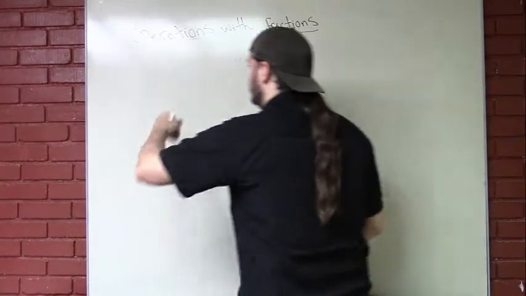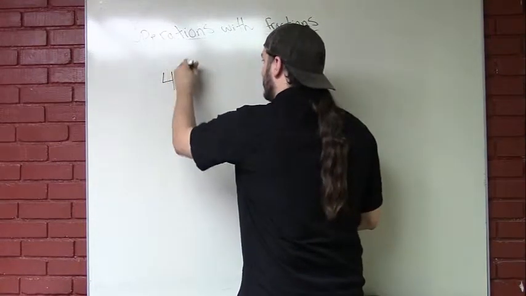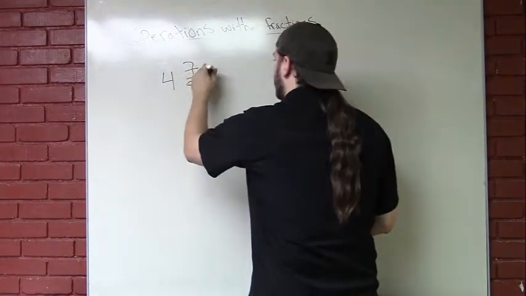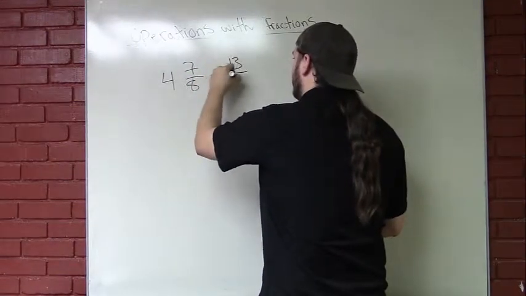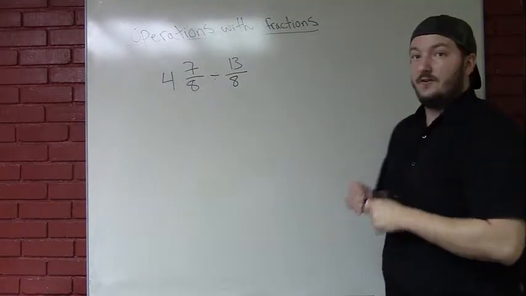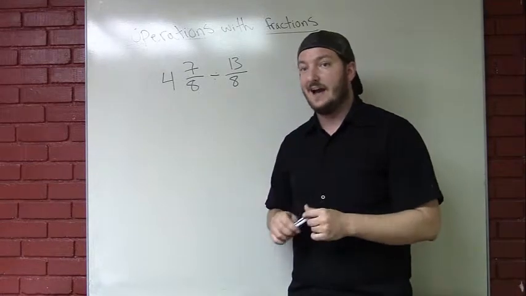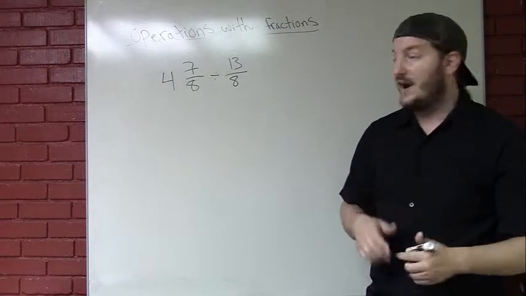So again, we've got to throw some mixed numbers in there. We have 4 and 7/8 divided by 13 over 8. Okay, so again, first step, if you have a mixed number in here, always change it to an improper fraction before you start multiplying and dividing, right?